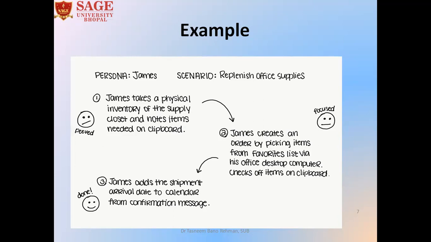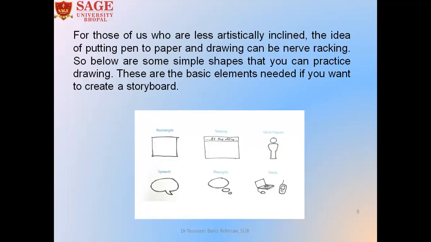So you can see the emoji, that's the focused part. Next, James adds the shipment arrival date to his calendar from the confirmation message, and now he's smiling because the entire job is completed. So that's how each and every member of a team can understand how the process will be completed or how the product will be built.